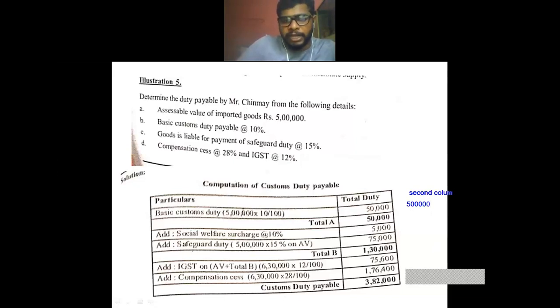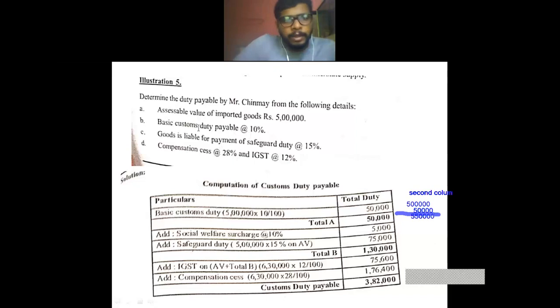So basic custom duty 5 lakh into 10 percentage, it is 50,000. 5 lakh plus 50,000, here the value is 5,50,000. So this is the second column total, that is subtotal A. Why? Because NCCD is not there, CVD is not there.